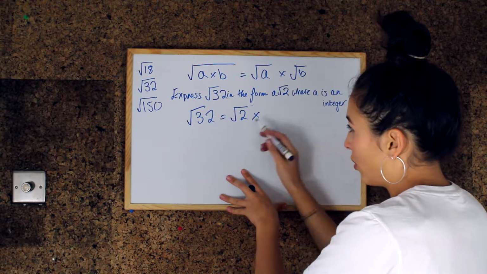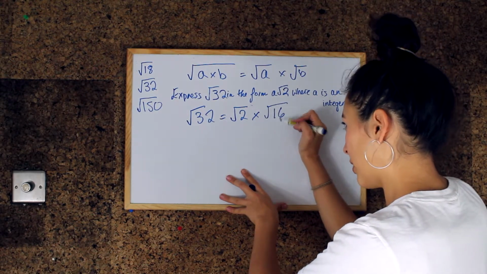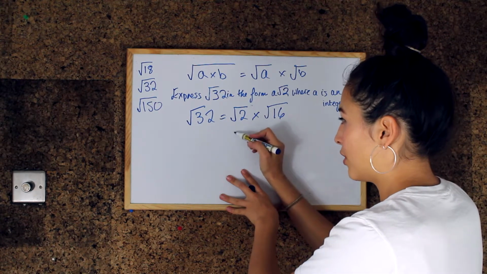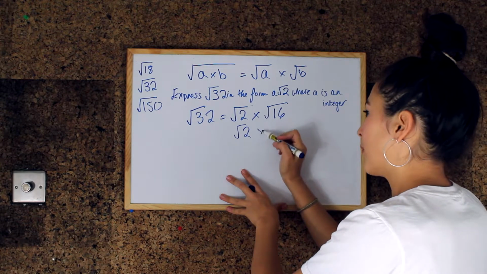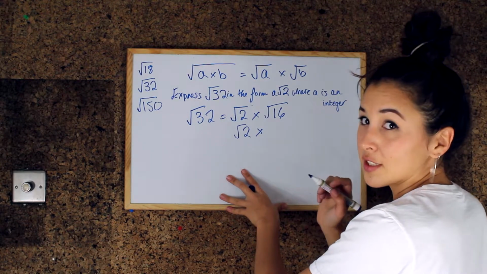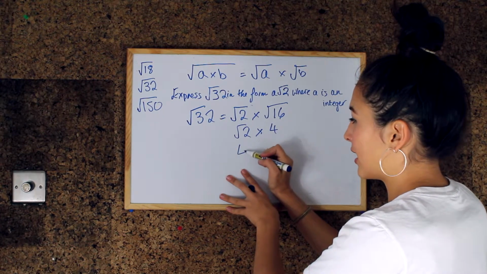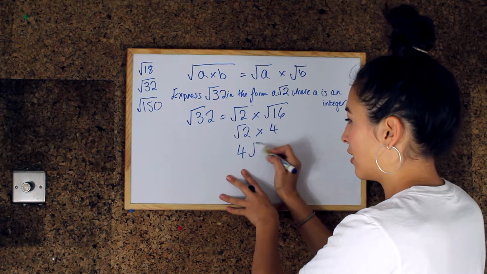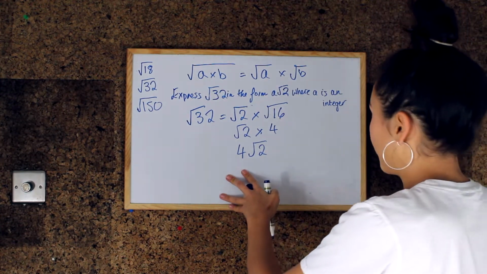So what times 2 is 32? And the answer is 16, so we put the 16 underneath. Root 2 will stay the same because it can't really be simplified. Root of 16 is 4. 4 times 4 makes 16, so this is 4. So we rewrite it here with the 4 at the front and the root after.